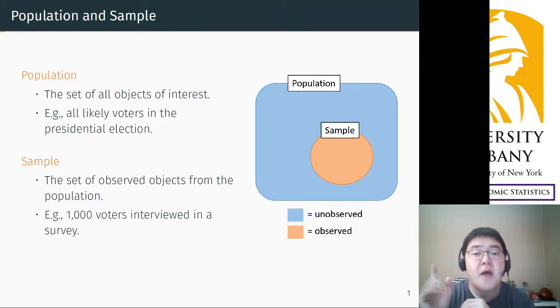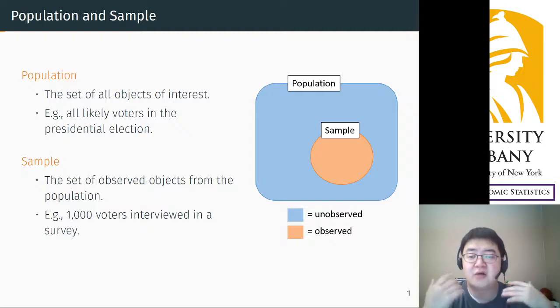First, population is the set of all objects of interest. So this is just everything. For example, if you'd like to estimate the presidential election results, then the population is all likely voters in the election.